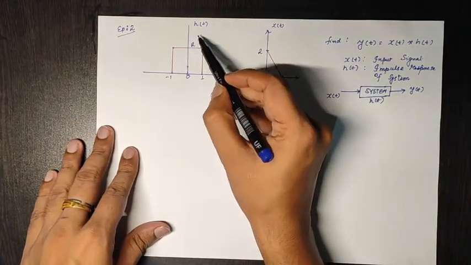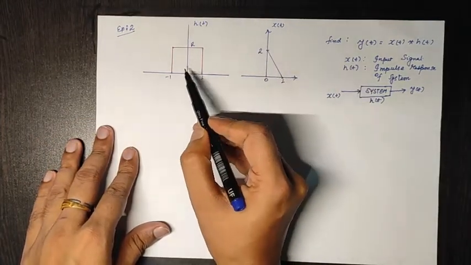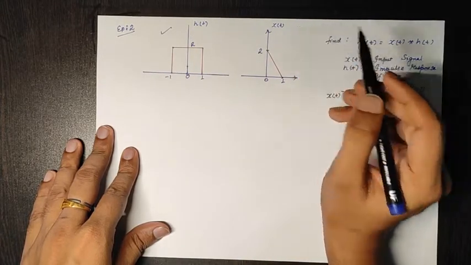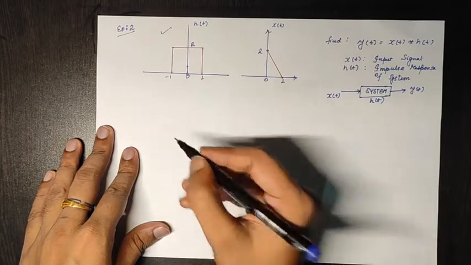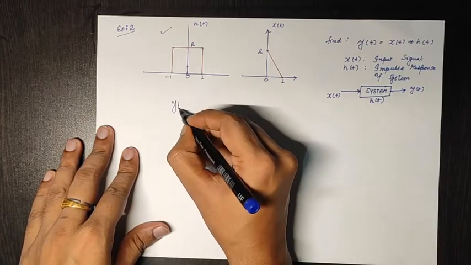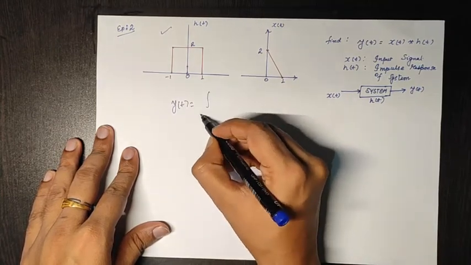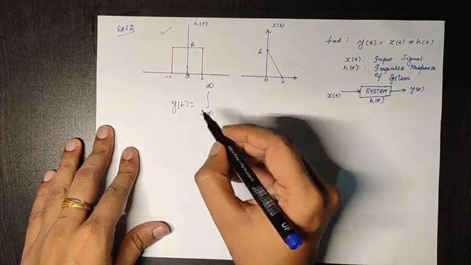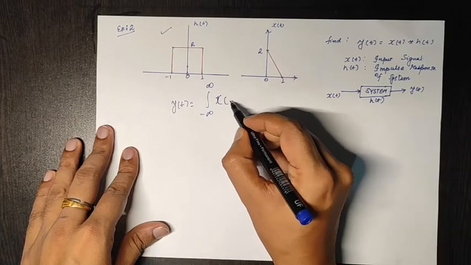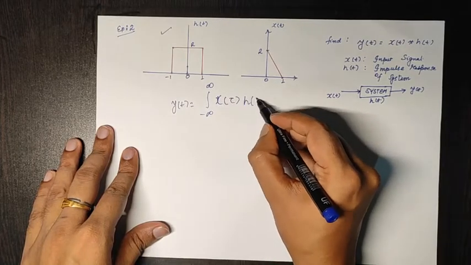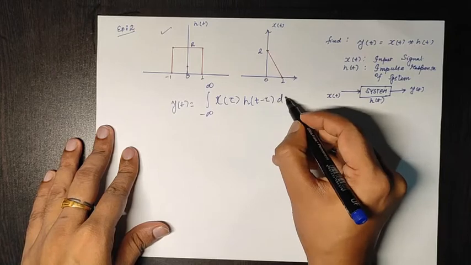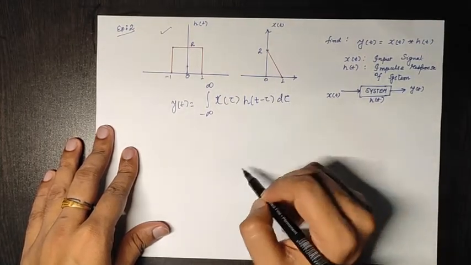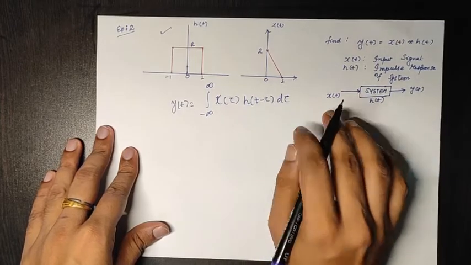Here the impulse response is given by this curve and x(t) is given by this curve. As we know, y(t) is given by the convolution integral, x(tau) into h(t minus tau) d tau, where tau is some parameter.